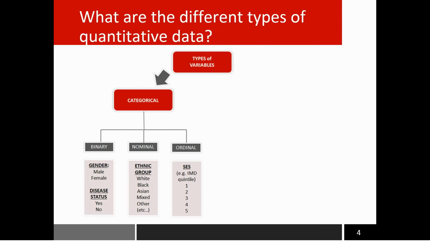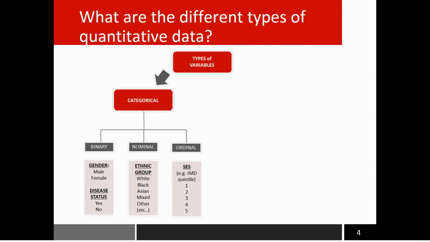The simplest categorical variables have just two categories, and these are called binary variables. For example, when gender is divided into male and female, or disease status into whether someone has a disease or not. A categorical variable with more than two categories that are broadly equivalent is called a nominal variable. Ethnic group would be an example of a nominal variable.